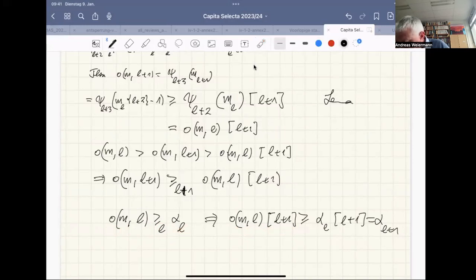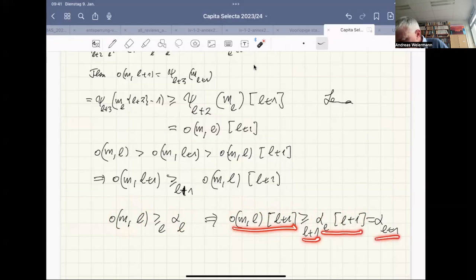So what does this mean? If we step down along L plus 1 here, finally from these numbers we will hit this number. The only exception is if this number is equal to this number, and this number is equal to this number, L plus 1 is here and here. So in both cases, I can step down from this number along L plus 1 to hit this number, which is this number.